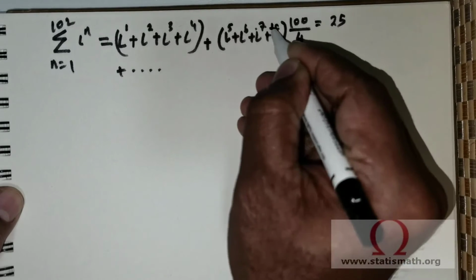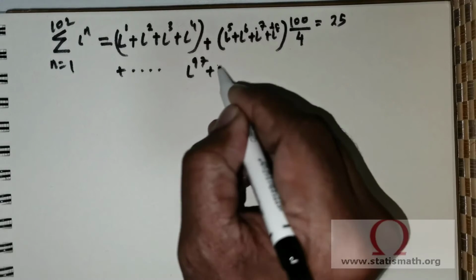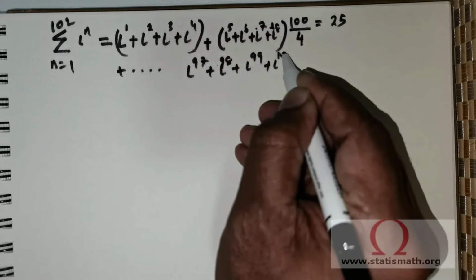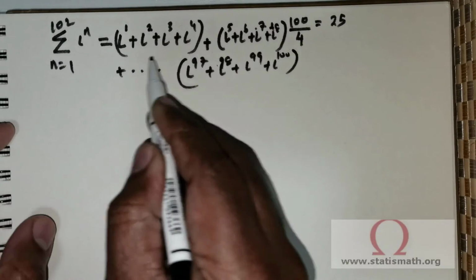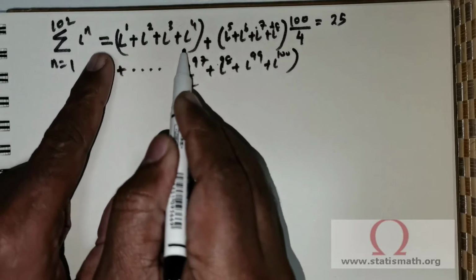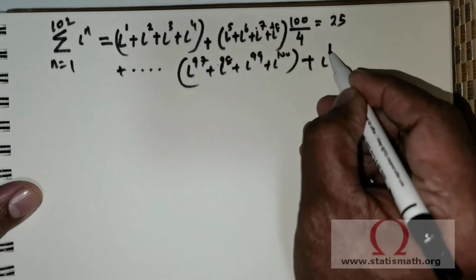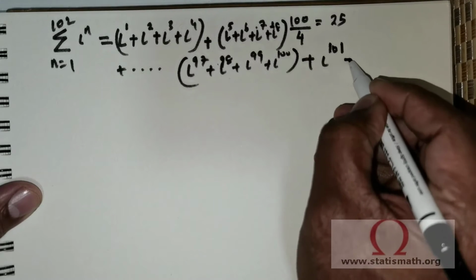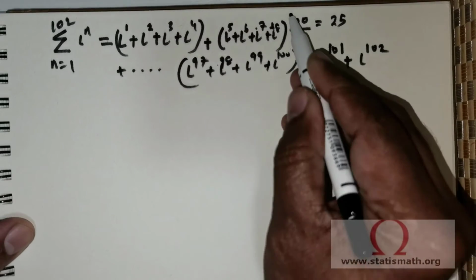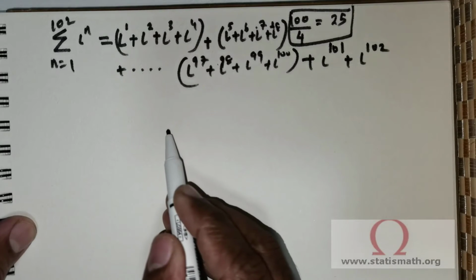It goes on until n equal to 97, 98, 99, and n equal to 100. So clearly you can fit 100 terms in quantities of 4s, but you will be left with n equal to 101 and n equal to 102. So this is the representation.